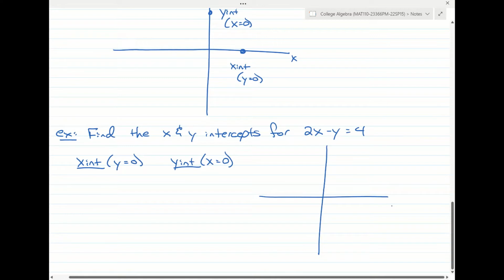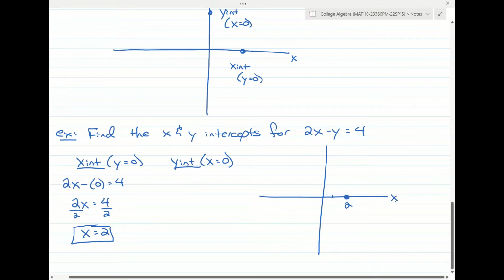Let's go ahead and do this. If we put 0 in for y for the x-intercept, we get 2x minus 0 is equal to 4. 2x would equal 4, and if you divide by 2, you get x is equal to 2. That means the graph crosses the axis right here when x is 2.